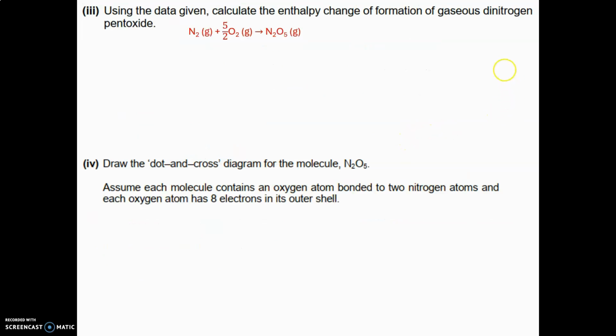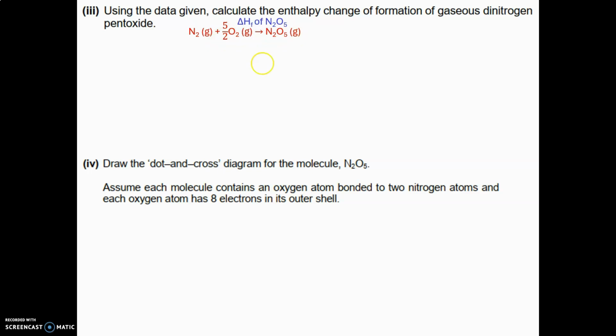Part 3, using the data given to calculate the enthalpy change of formation of N2O5. So this is the equation that we have written in the previous part. On the left side, we are going to incorporate reactions 1, 2, and 3 and apply Hess's law to calculate this enthalpy change.